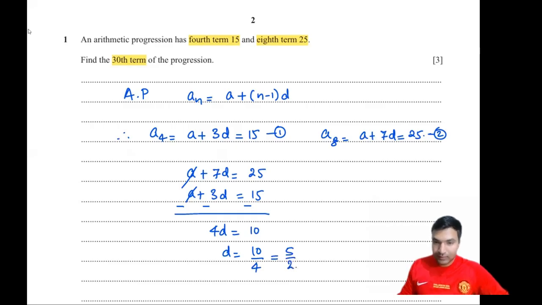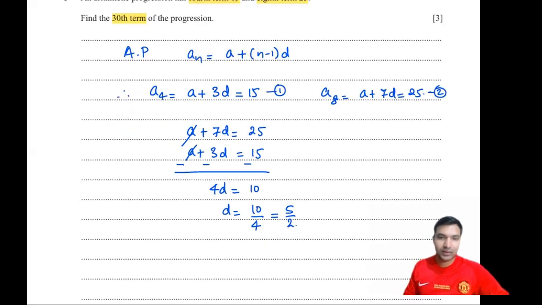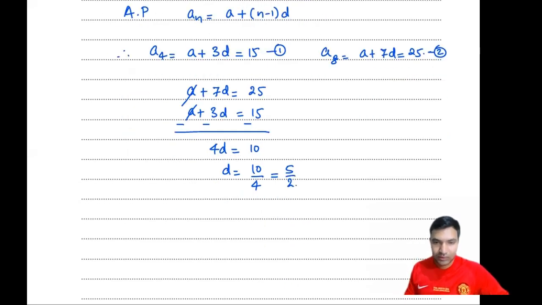Now, once we know d, I need to find the value of a. Putting the value of d equal to 5 by 2 in equation 1, we get a plus 3 times 5 over 2 is equal to 15.